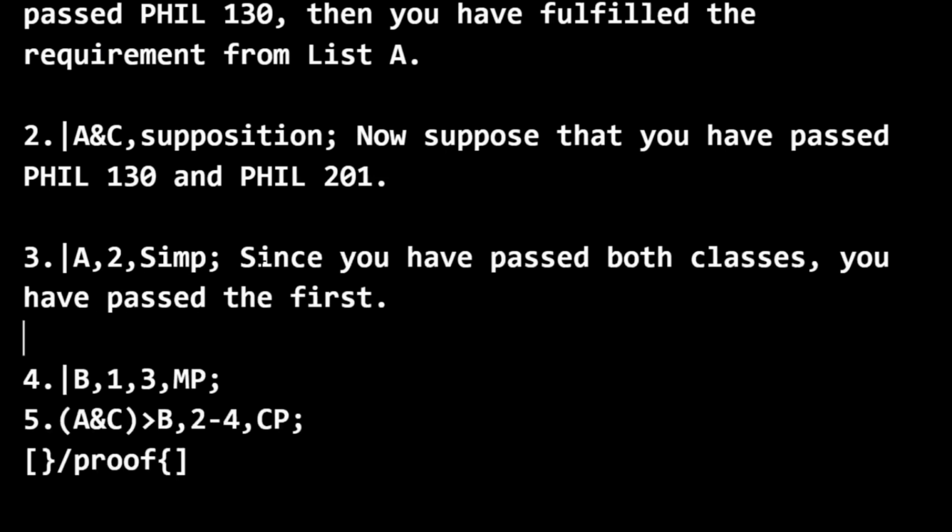Since you have passed both classes, both A and C, then you have passed the first, A. And we know from our work with these formal proofs that that's the rule of simplification. But even if somebody didn't know the rule of simplification, they could follow the logic of what you're saying, if they were a person inclined to follow logical arguments, which many of us are.